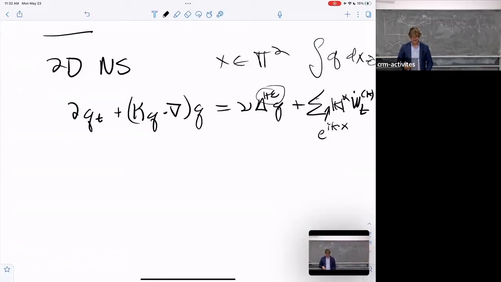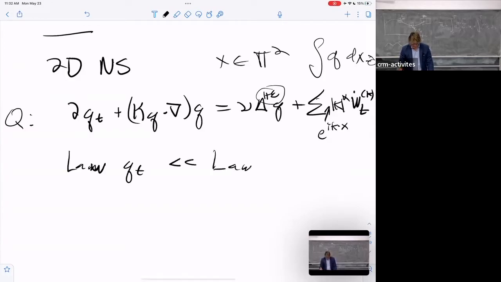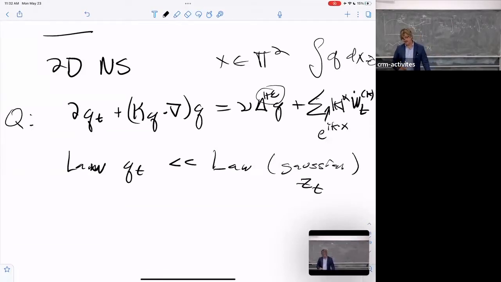I don't know how to do it yet. We're supposed to show open problems. So I can't show that the law of q of t is absolutely continuous with respect to the law of some Gaussian. I have some ideas, but nothing done, and I conjecture that it's actually not absolutely continuous with respect to this Gaussian.